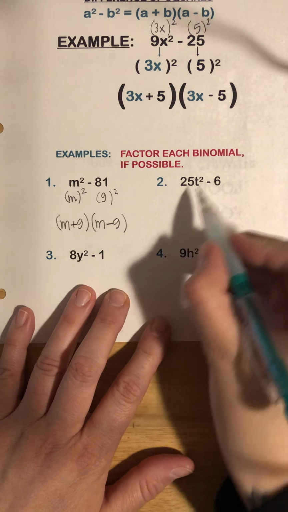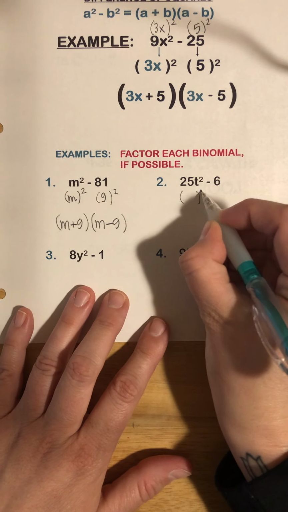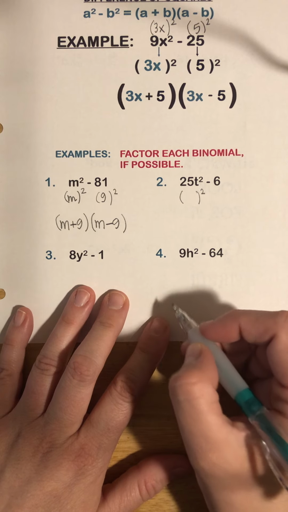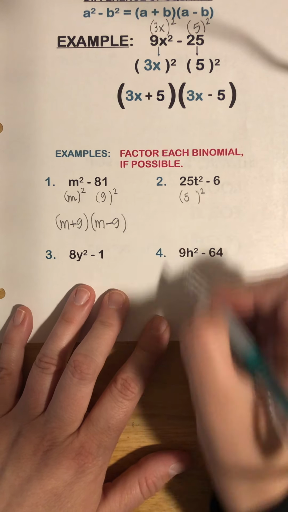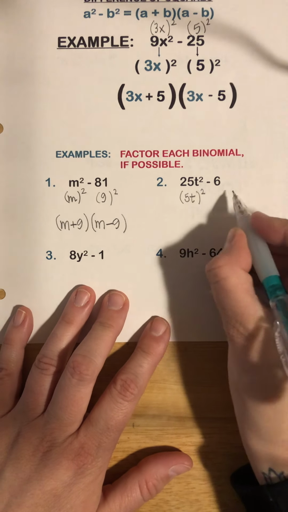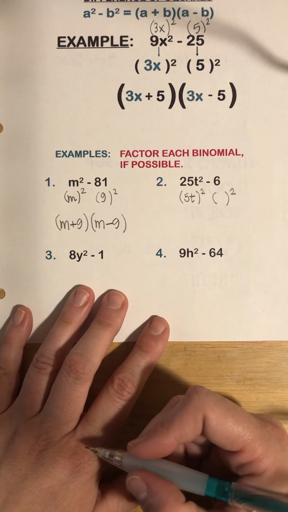All right, number 2. We're already good with a minus sign. What can you square to get 25t squared? Well, for the 25, you would have to square a 5. And for t squared, you can square a t. Looking good. What can you square to get 6?